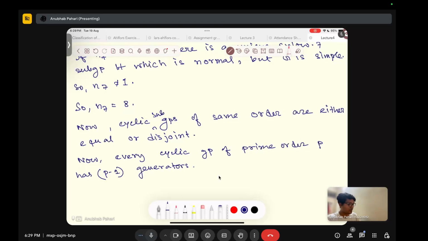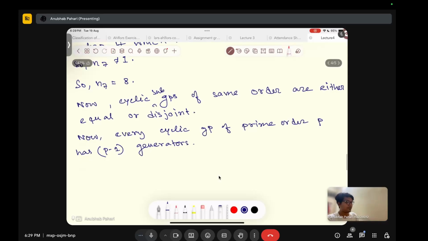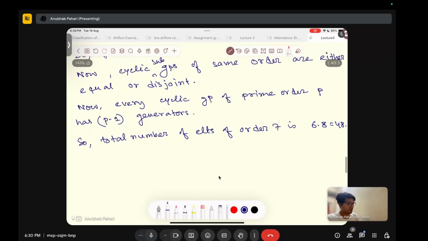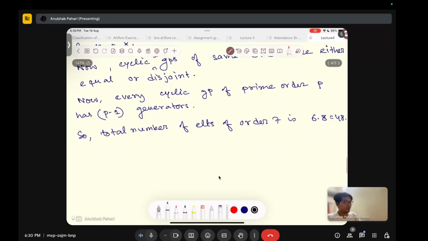So the total number of elements of order 7 is 6 into 8, that is 48. Okay, let's go to our third question, question number 3.